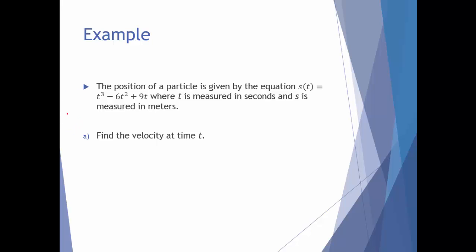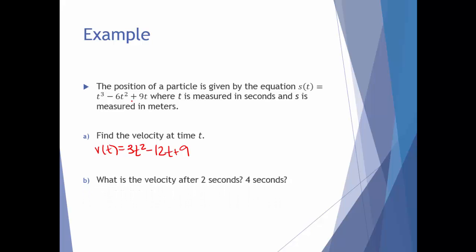And as we just discussed, velocity is the first derivative of the position function. So v of t, for this particular function, I was nice, I gave you a nice polynomial. It is going to be the derivative of t cubed, which is 3t squared, minus 12t plus 9. That's the derivative of your position function. That's the velocity at any time t.